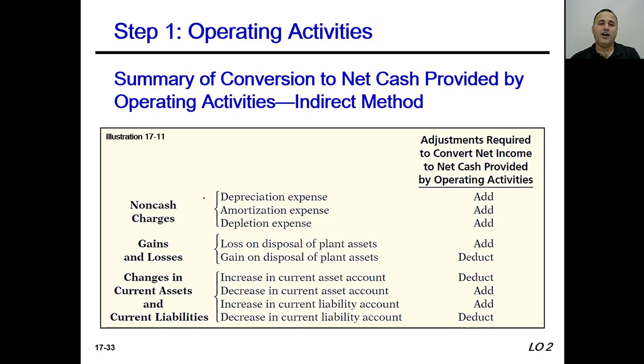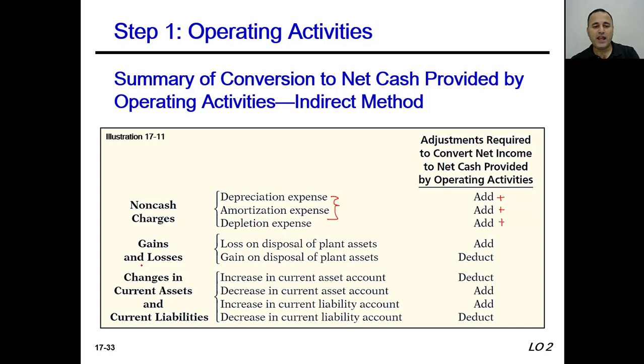This gives you a quick cheat sheet. Depreciation expense, I have to add it. Amortization expense, I have to add it. Depletion, I have to add it. Amortization, depletion, depreciation are different terms used for different assets. Depletion we use for natural resources, amortization for intangibles, and depreciation for physical assets.